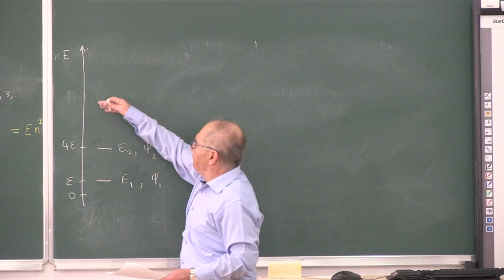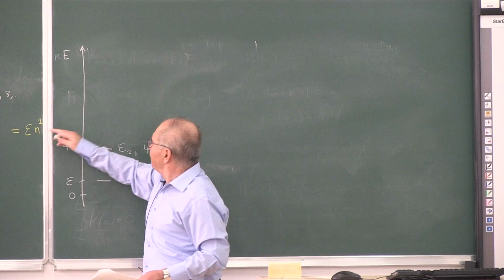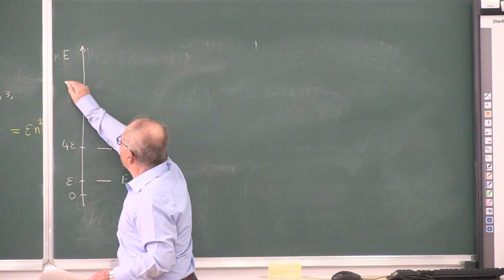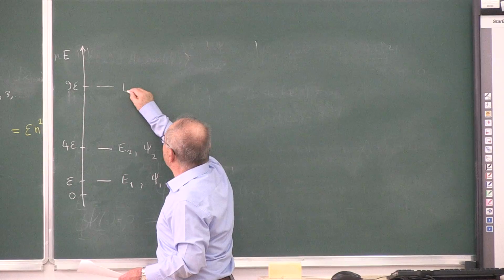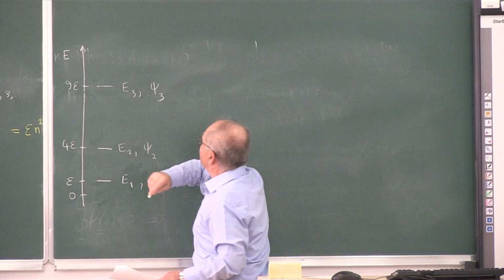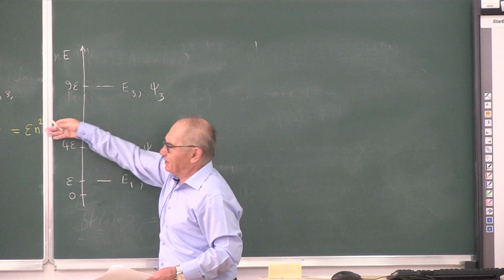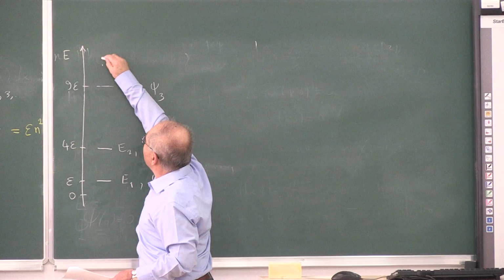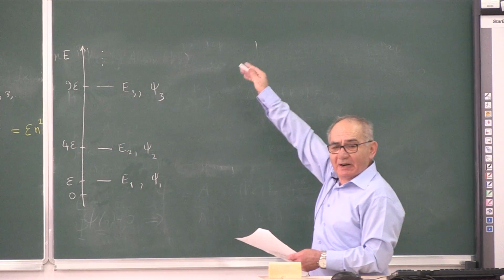The next value is when you put n equals 3 here. So 9 eps, and this is E3, and the corresponding function is psi 3. So can we continue using this information? Yes, and I indicate it by 3 dots. There is no upper limit.